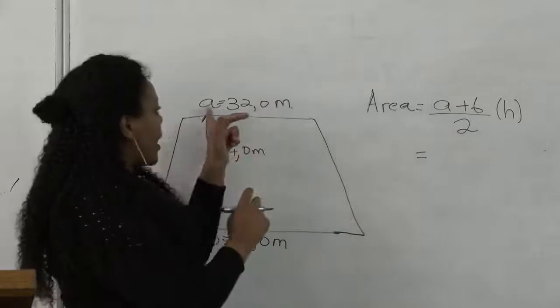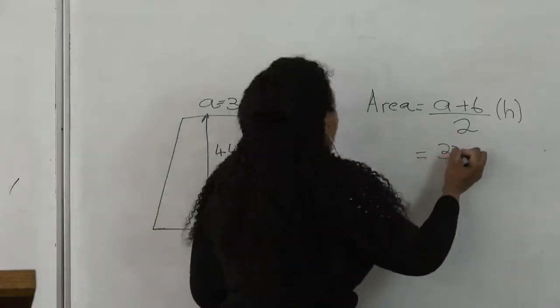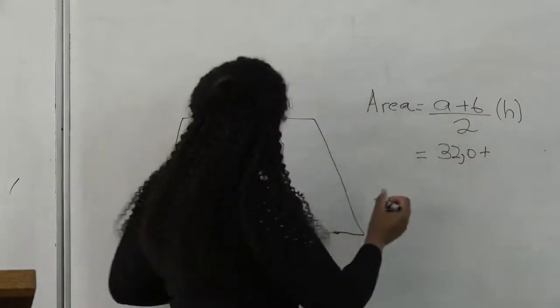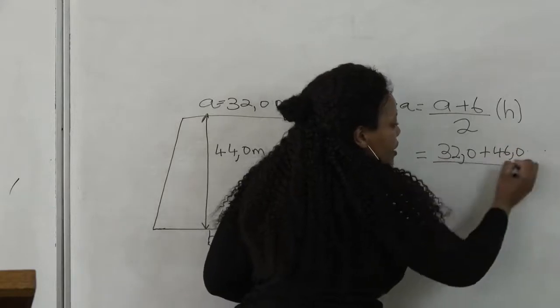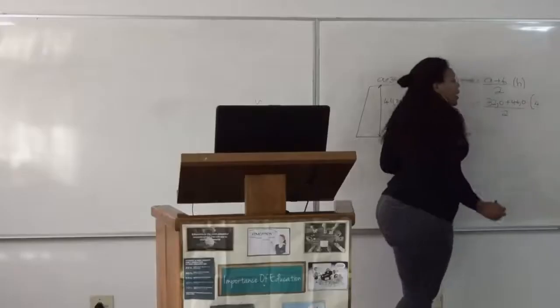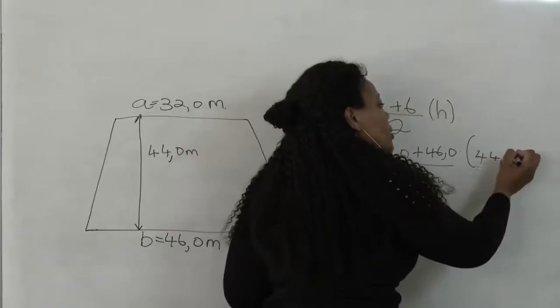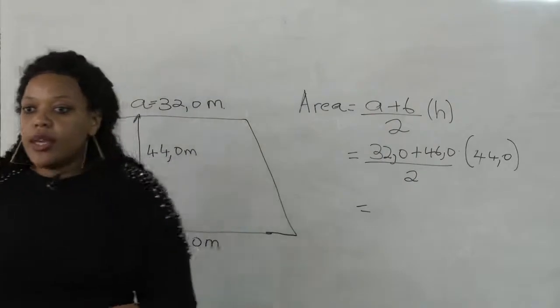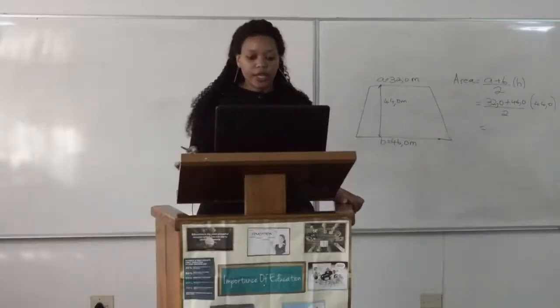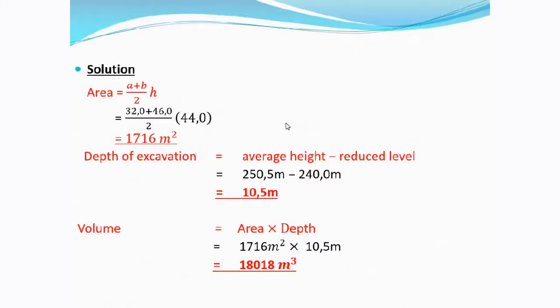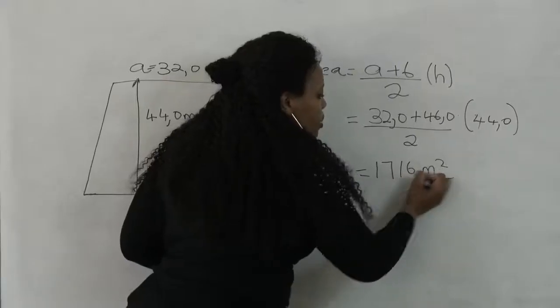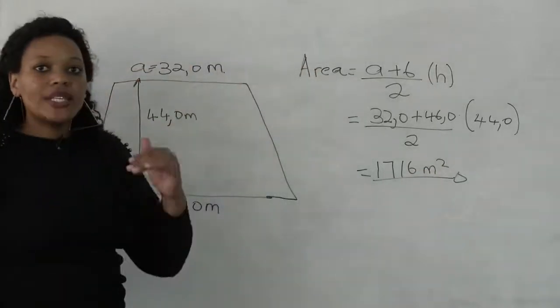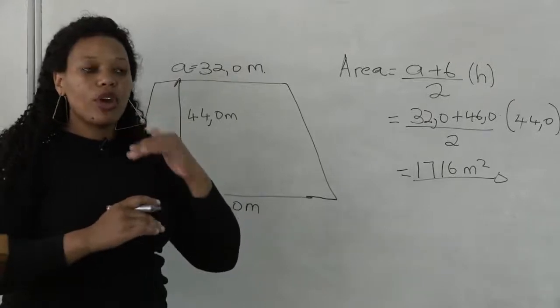Our A, our short side here, is 32,0 plus our long side is 46,0 divided by 2, and our perpendicular height here is 44,0 meters. Our answer here will be 1,716 square meters. We are not done yet. We still have to calculate the depth of excavation.